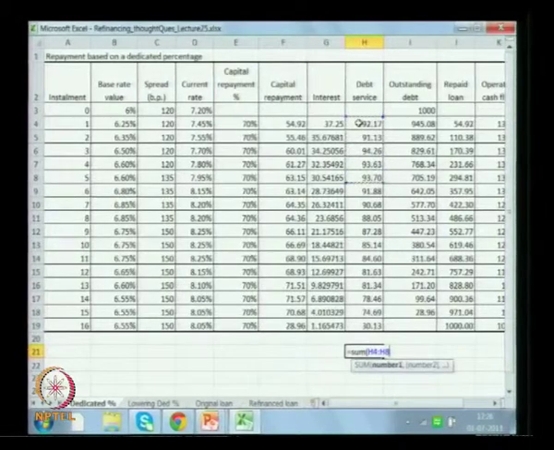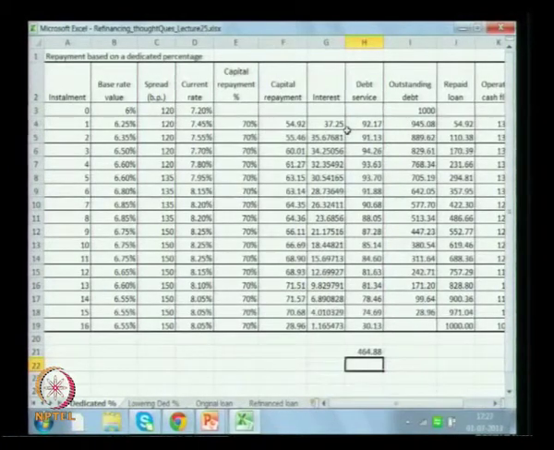So this will be the total amount needed in the debt service reserve account. This works out to be 464.88.